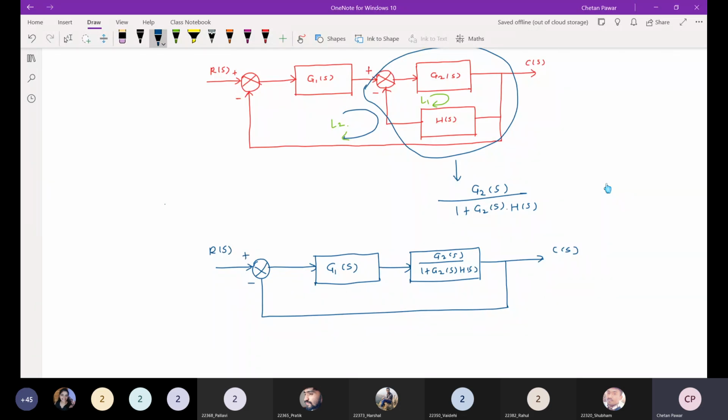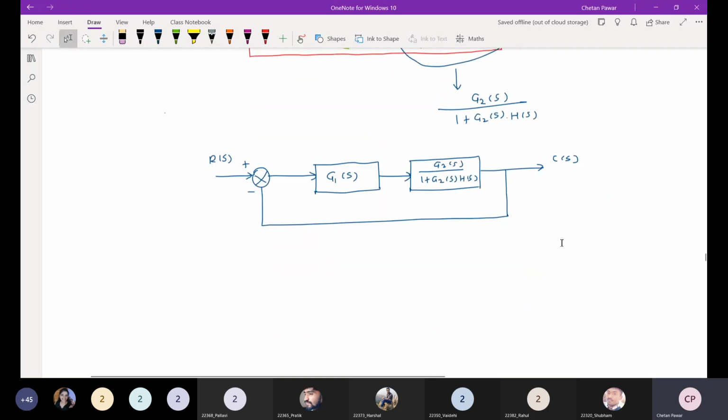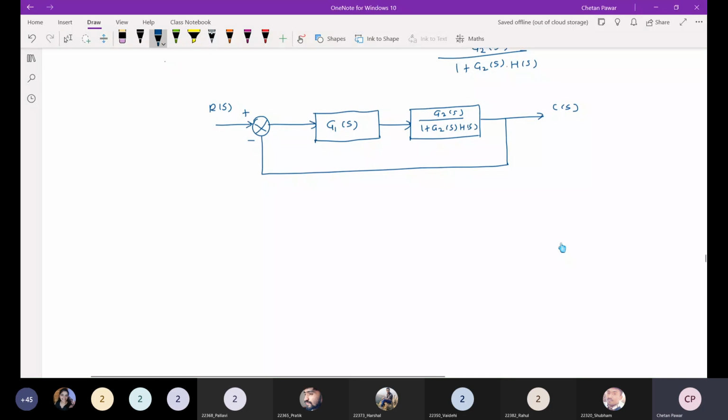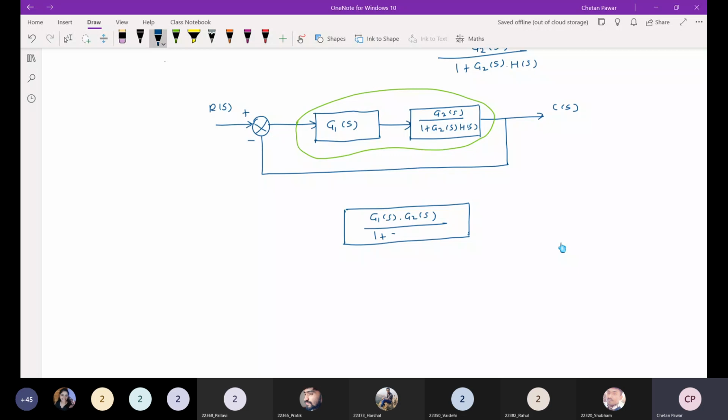Okay. Now this is the last feedback. So here, what is the forward gain? Now these two blocks are in cascade, right? So gain multiplication will be there. So if we draw that particular block, that will be G1 of S into G2 of S upon 1 plus G2 of S into H of S, right?